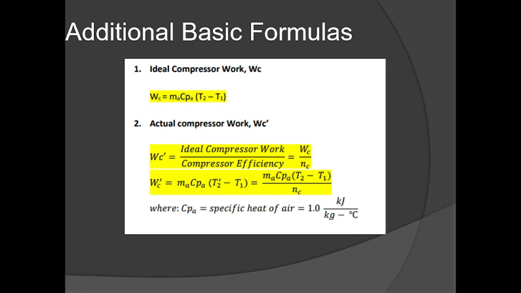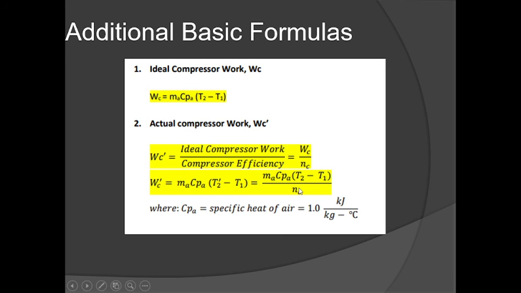So the actual compressor work, which is the ideal compressor work divided by the compressor efficiency, is equal to m Cp, actual mass times actual Cp times T2 minus T1, or the actual temperature.